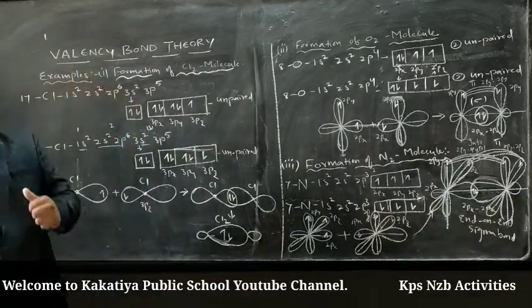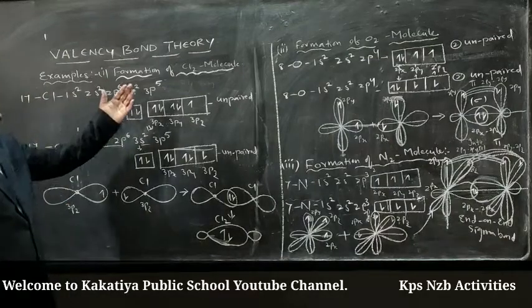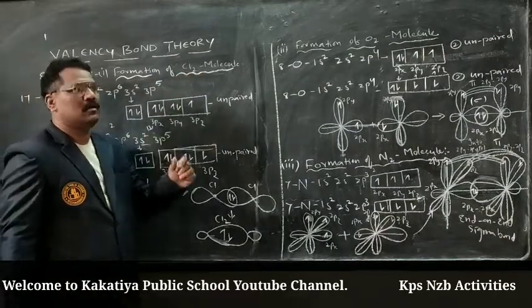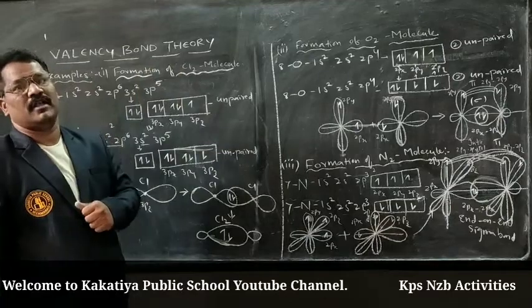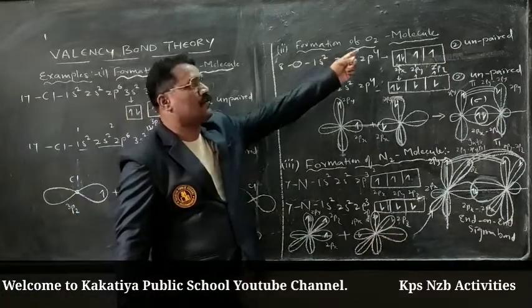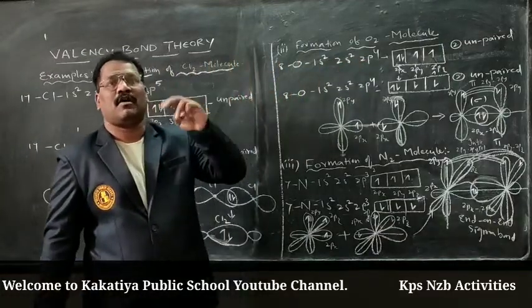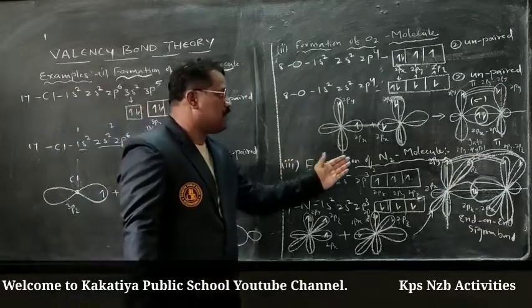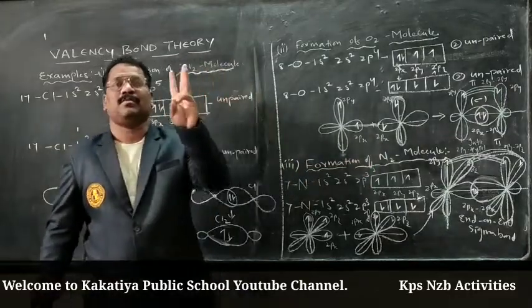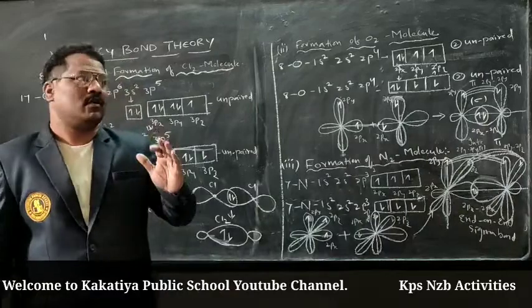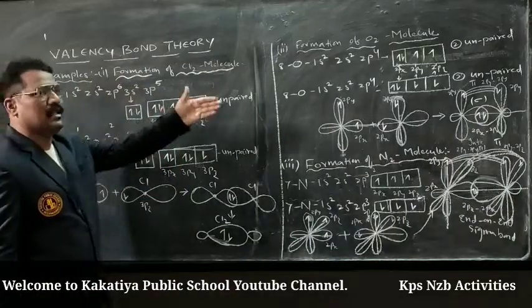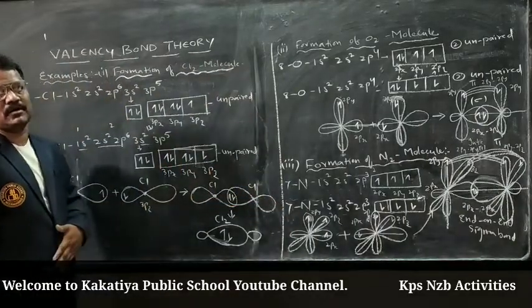Three examples we will discuss. First is the formation of a chlorine molecule, in which a single bond will be there. Formation of an oxygen molecule, in which a double bond will be there. Formation of a nitrogen molecule, in which a triple bond will be there. So individually, one after the other, we will discuss these three.